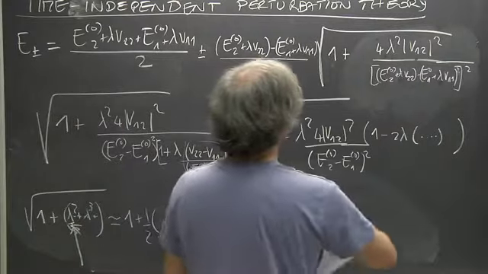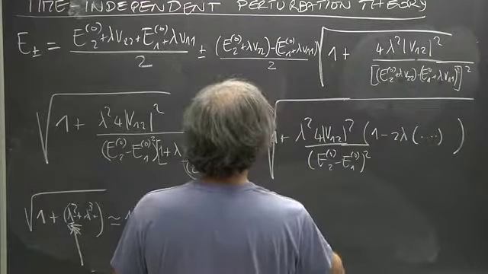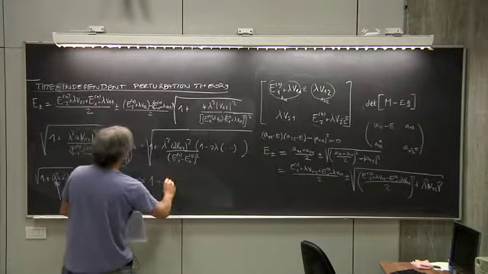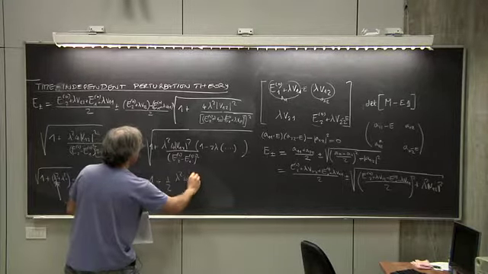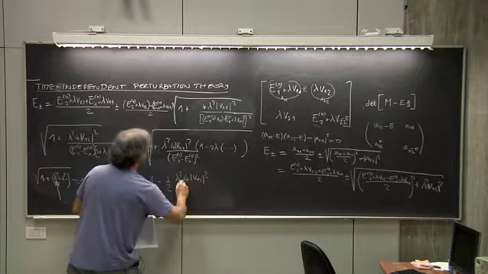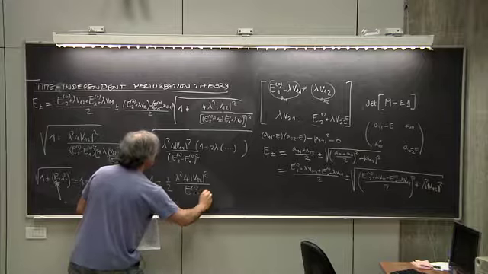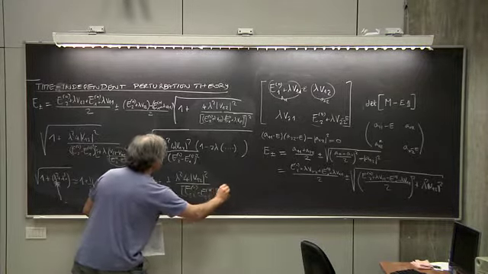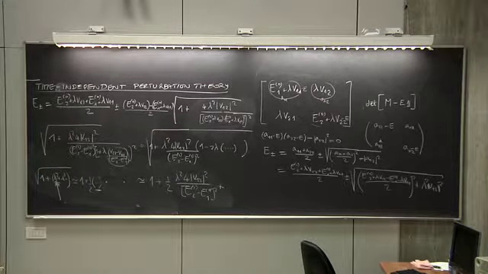So to summarize, this thing would be just equal to 1 plus 1/2 lambda square |V12|^2 divided by the difference in the two energies squared plus smaller things, okay? Hopefully this is clear to everybody.